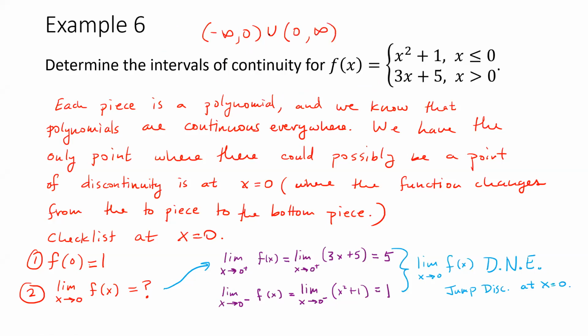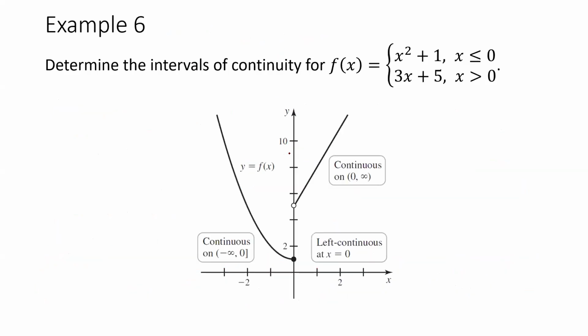So basically everywhere except for 0. Here we can see in this picture what's happening: from the left side, it's approaching 1, and from the right side, it's approaching 5. And so there's a jump in the graph.